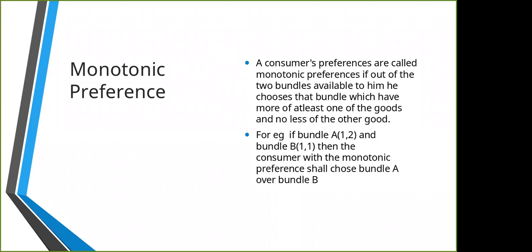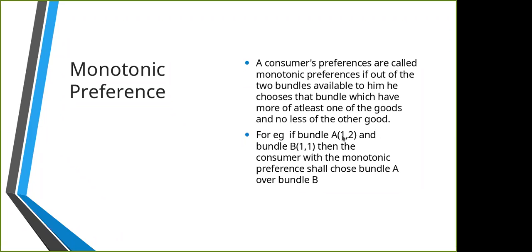Let us suppose that there are two bundles of commodity, bundle A and bundle B. Bundle A has got two items, two commodities to be specific, commodity X and commodity Y. Similarly, bundle B has got two items, commodity X and commodity Y.